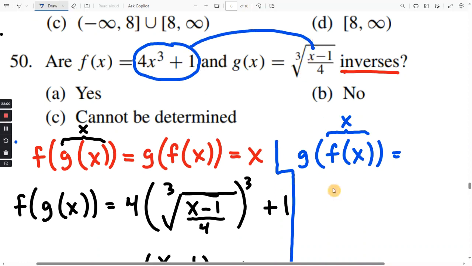So we have the third root, or the cube root, and in place of x, we're going to do 4x cubed plus 1. I'll use parentheses for the x. And that whole thing is minus 1 divided by 4.